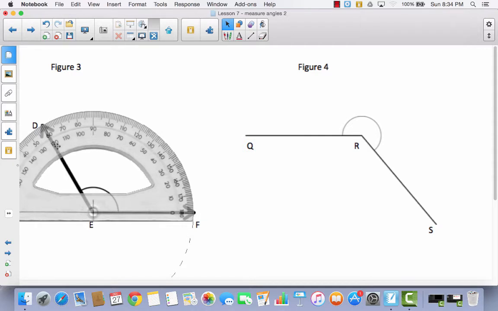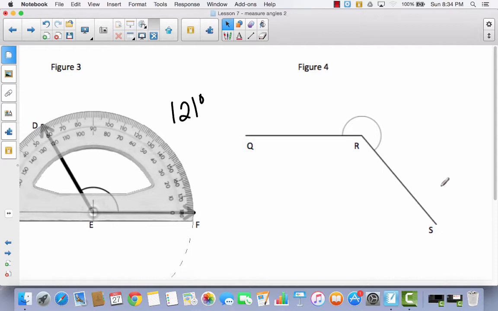It looks like it is either 121 degrees or 59 degrees. So what do you think? Is it 121 or is it 59? Well, because it is obtuse, I hope you said 121 degrees. Again, if you measured this by yourself and you said it was about 120 degrees or 119, you were a couple degrees off, that would be okay.